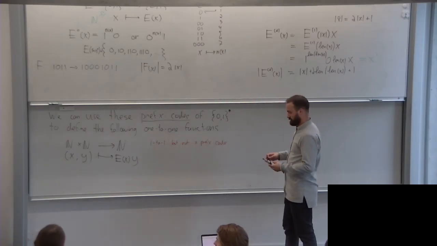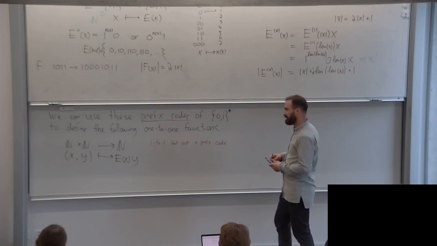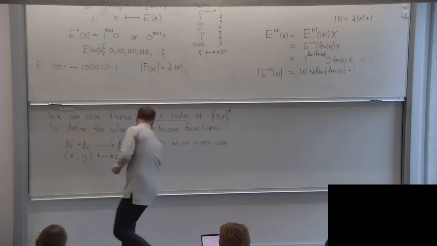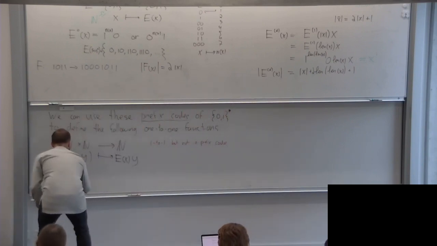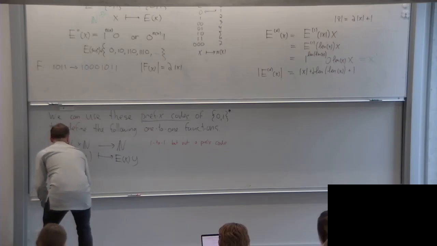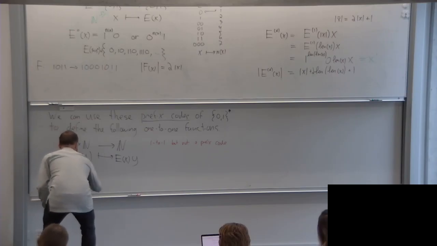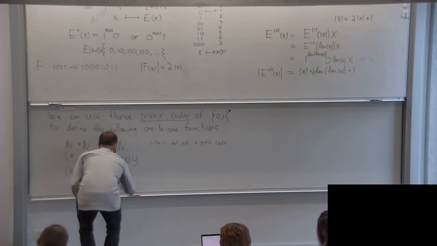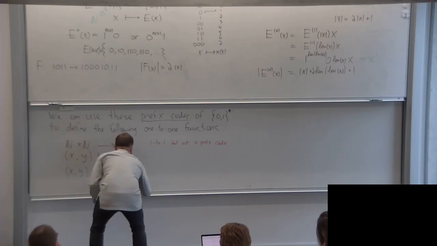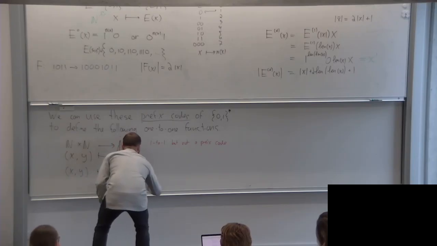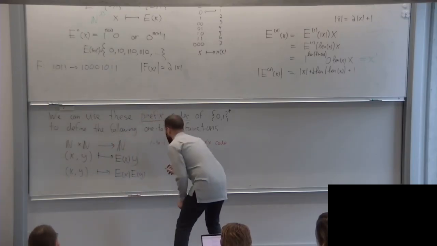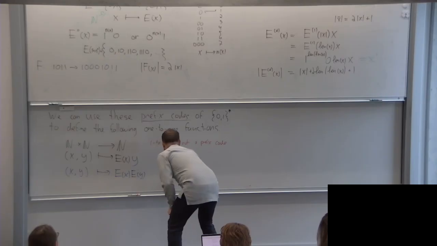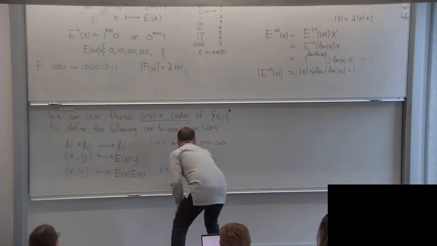Okay, so what if we do E of X, E of Y? There you go. Another proposal is X, Y goes to E of X, E of Y. This one is one-to-one and prefix.